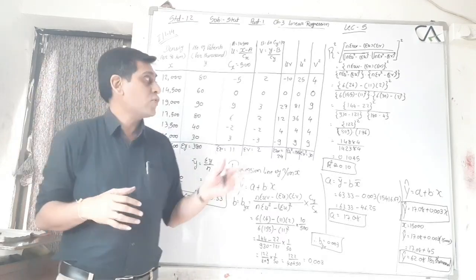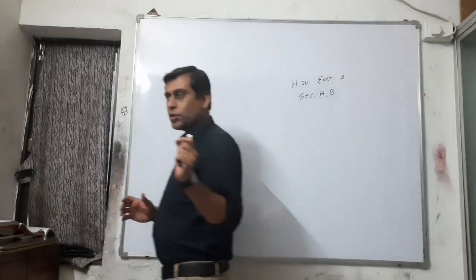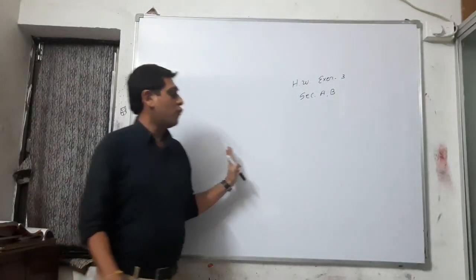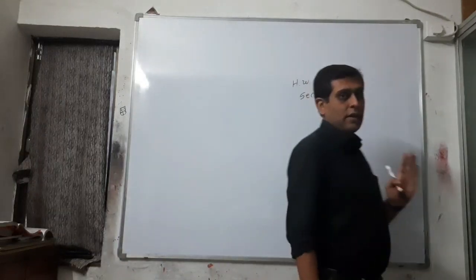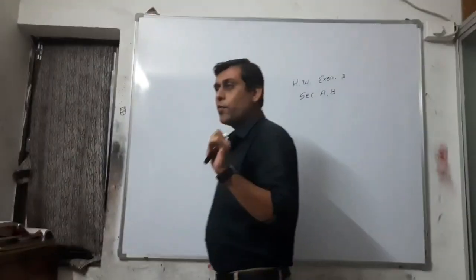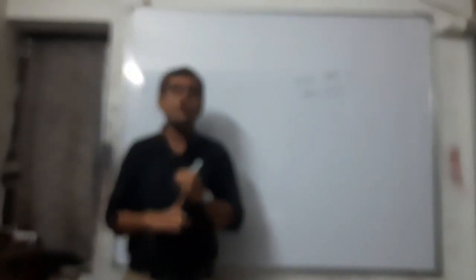Complete this first of all. Now see, illustration 14 is complete. From today we are doing illustrations 1 to 14 in our illustration book, and in our exercise book we are completing exercise 3.1 and 3.2. Now today's homework: first of all, on page number 141, read the theory, properties of regression coefficient.